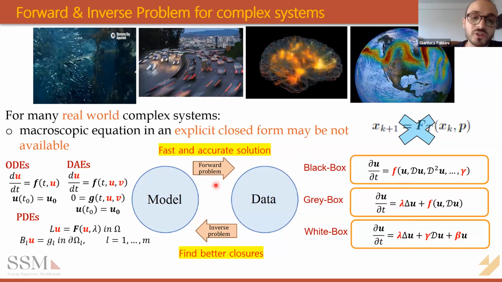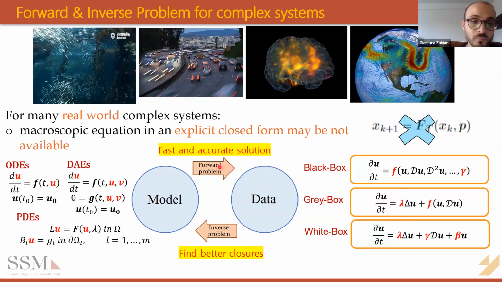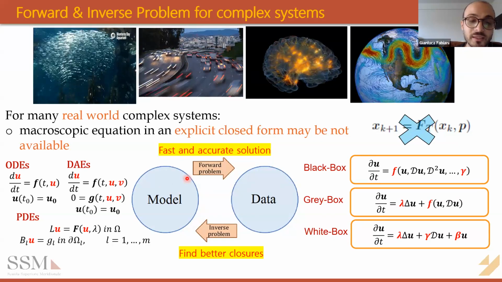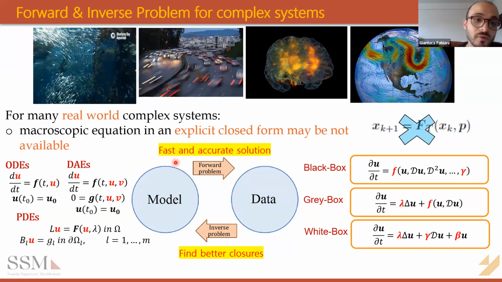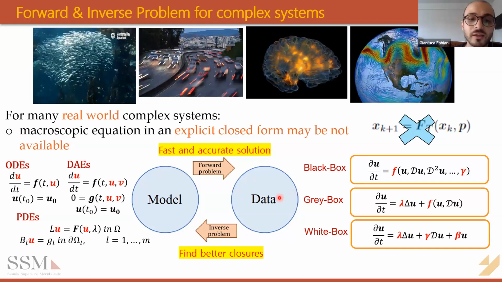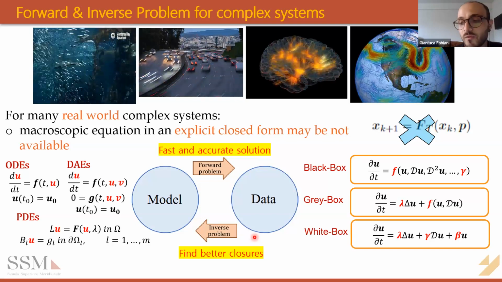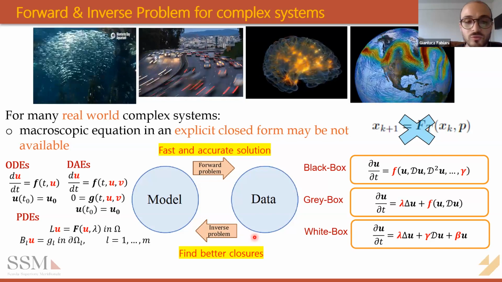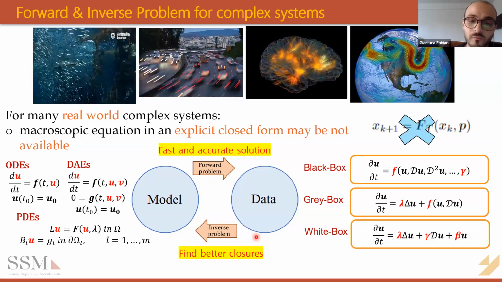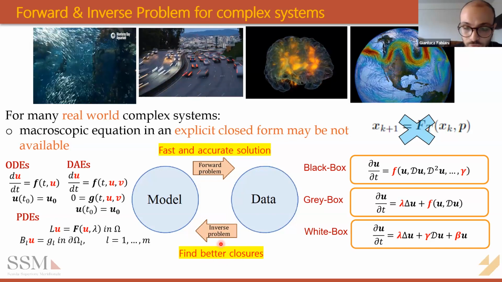But we have open challenges in both directions. For example, for the forward problem, if we have to solve a 9-dimensional system of PDEs, getting a fast and accurate solution is not trivial. And again, for the inverse problem, we may have techniques to use pen and paper to find a mean-field approximation, but we won't find a better closure with machine learning.